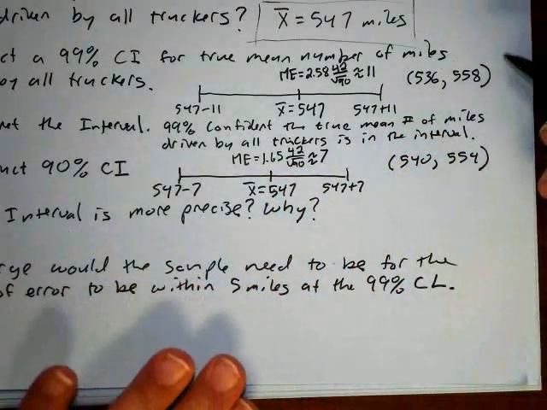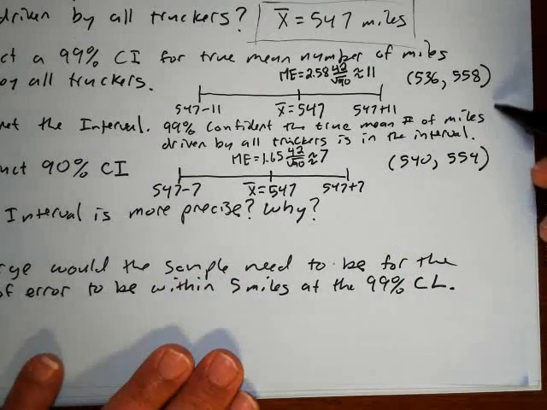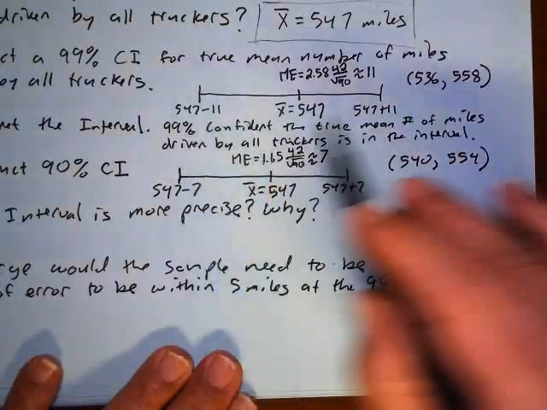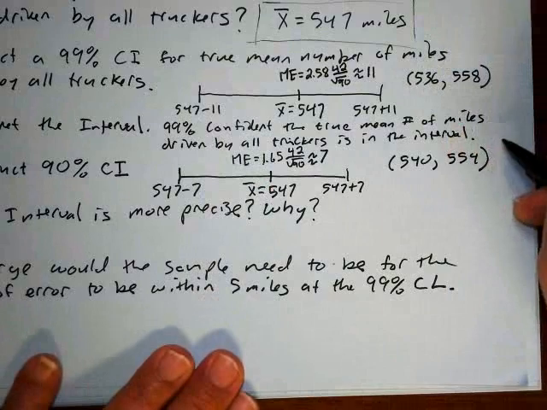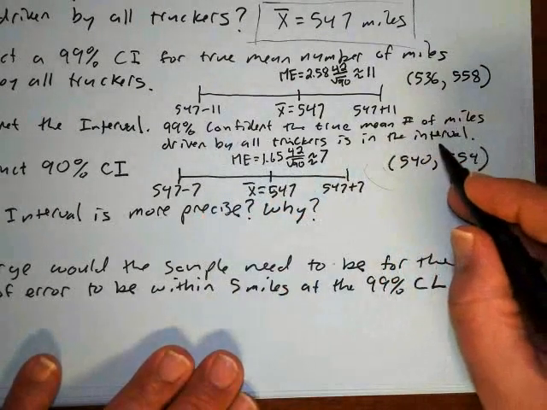What you can do is think of this as I gained precision here, but I traded away confidence. I had 99% confidence, and to get this precision, I had to trade some away. Now I'm only 90% confident in this estimate.